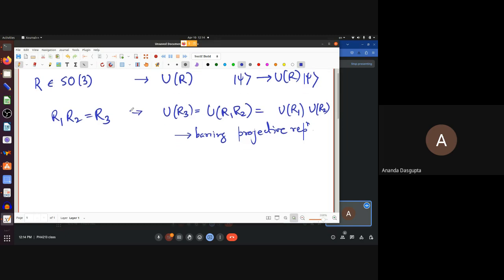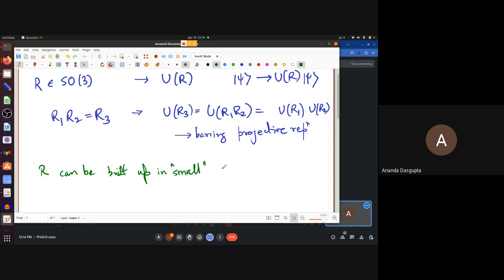Okay, if not, let's move on to this very basic and important point here, which is rotations can be built up in small steps, right?